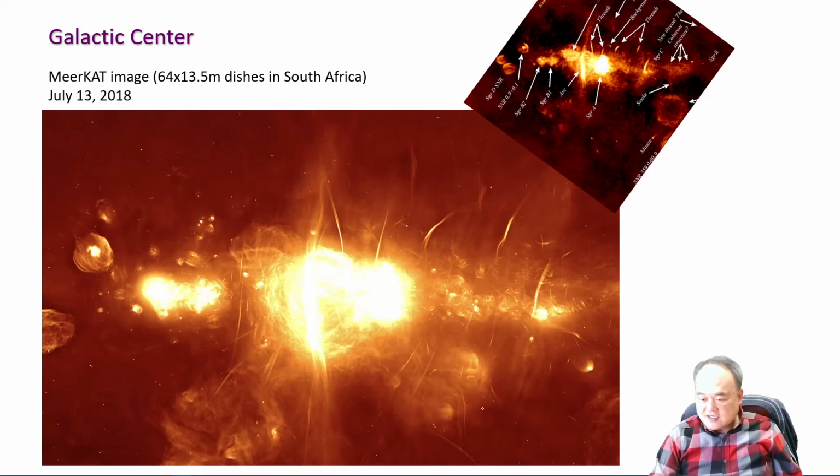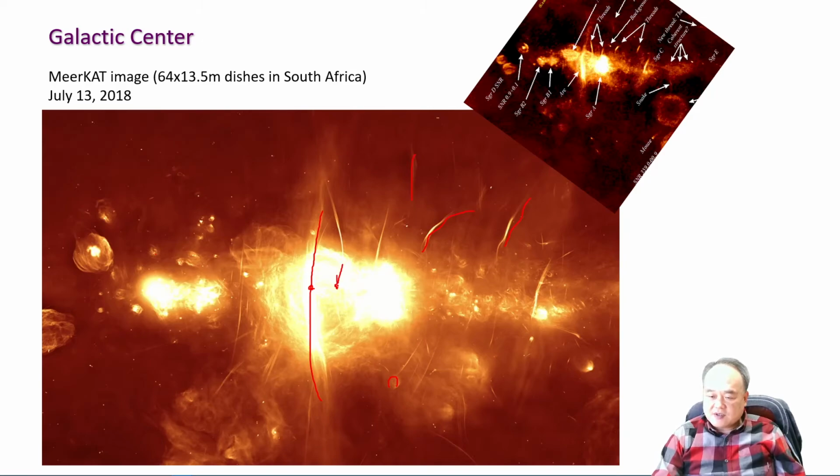We can see lots of smaller supernova remnants, okay, and really gory details of the filamentary structure. The nature of this filamentary structure is yet unknown, okay, and this is the region of our Milky Way galaxy. So the Milky Way galaxy is around here, okay, center.